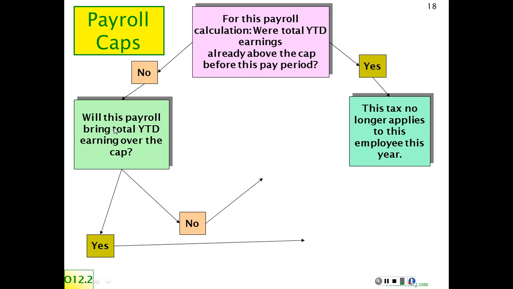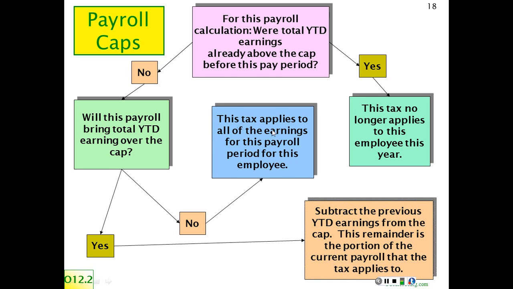You're worried about a cap of $113,000. No, you're not going to get over the cap by adding $5,000 to $50,000. So the answer is no. We would proceed to decide that all of the current payroll you're calculating is subject to the tax, because this current payroll won't get you over the annual cap.